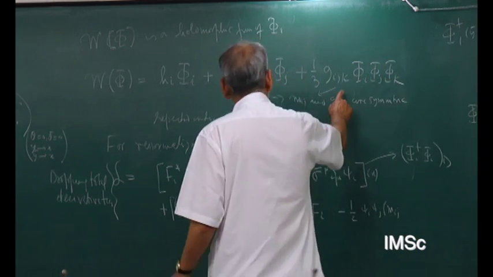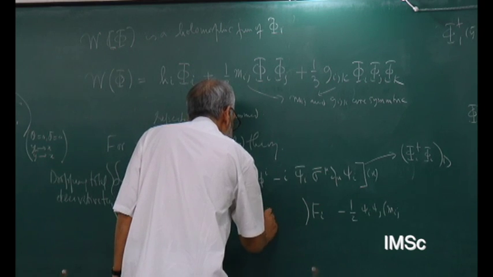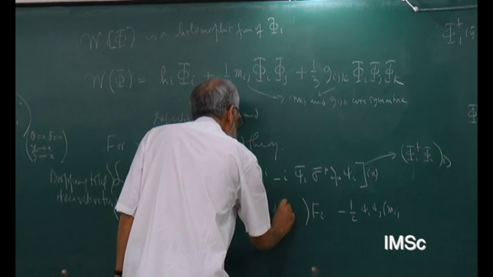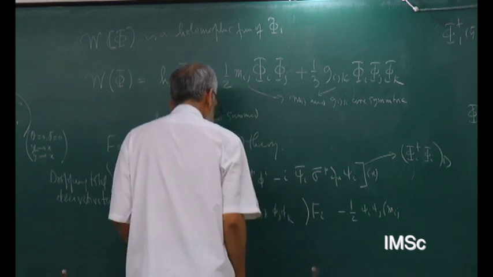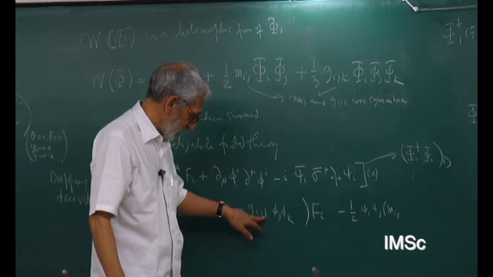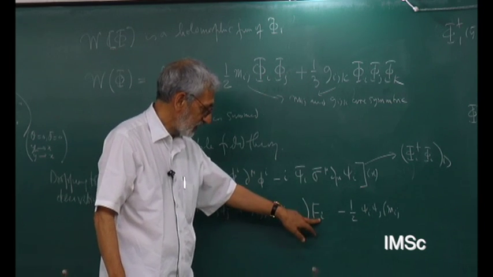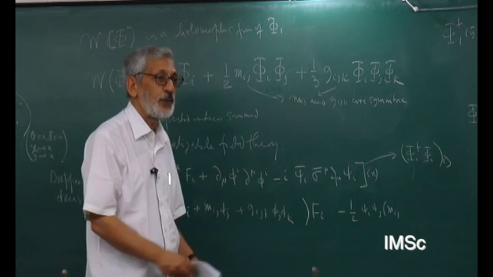Then F term of three chiral superfields is Gij phi j k times Fi plus a fermion piece.